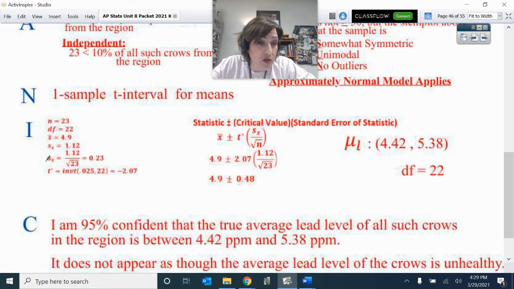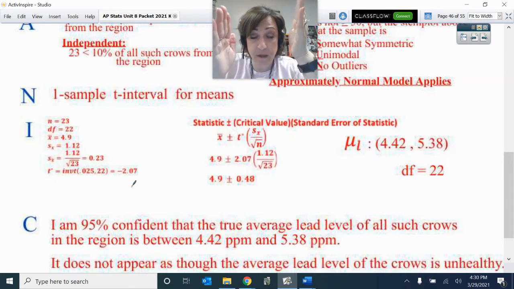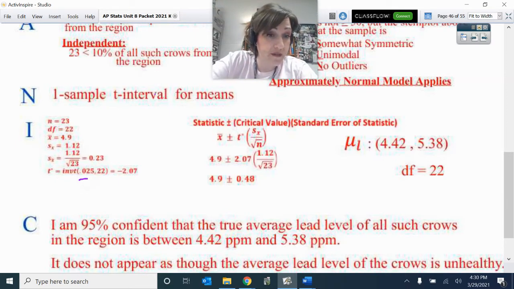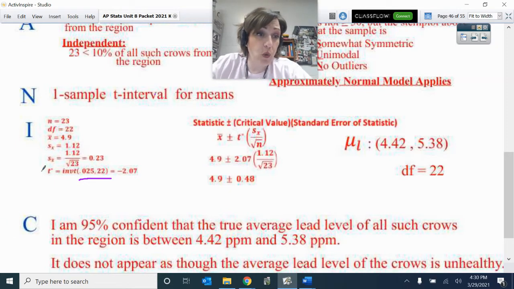So I'm going to come down here, inverse T with, if I have 95% in the middle, I have 0.025 in the tails, and I have 22 degrees of freedom. That gives me negative 2.07, so I know that critical value is 2.07.